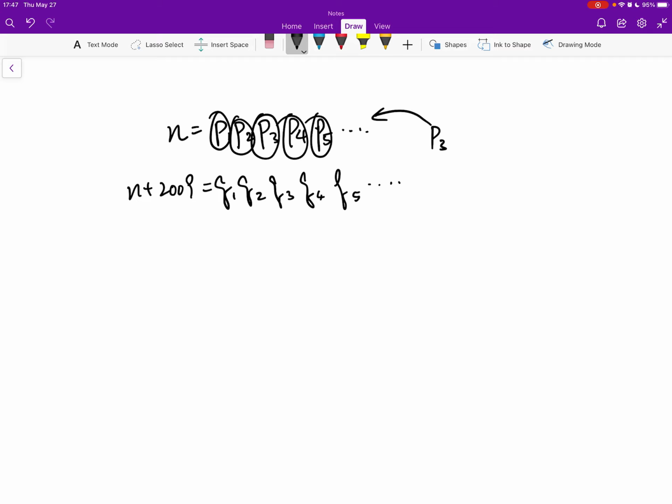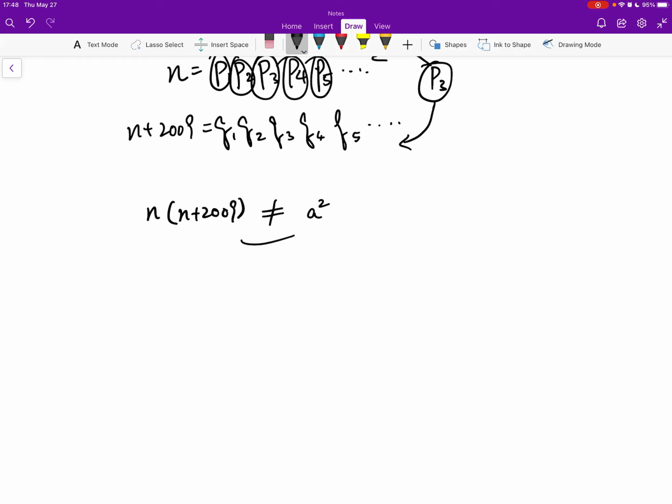Now, p3 cannot find a match within n itself. It can't find a match in the pile of q's either, because the product of any of the q's is co-prime to the product of any of the p's, since n plus 2009 and n have only 1 as their greatest common divisor. Therefore, having this isolated p3 means n times n plus 2009 cannot be a square number.